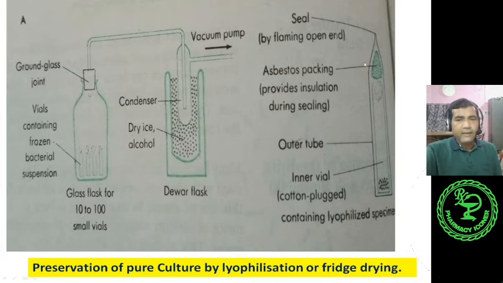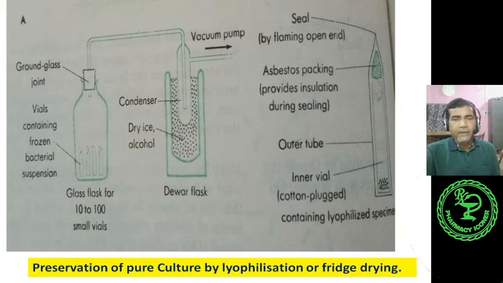Then here some asbestos packing is there, because during sealing the tip must be heated. If the asbestos packing is not there, what will happen? This may heat up and kill the dried bacteria. So asbestos packing is there, and this is sealed. The tips of these ampoules are heated and then removed.